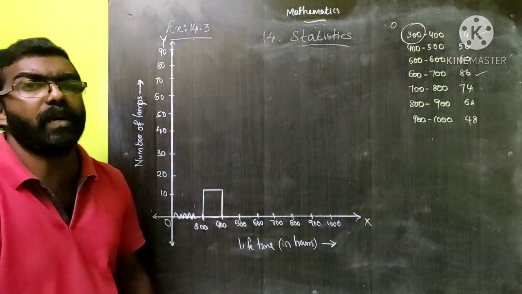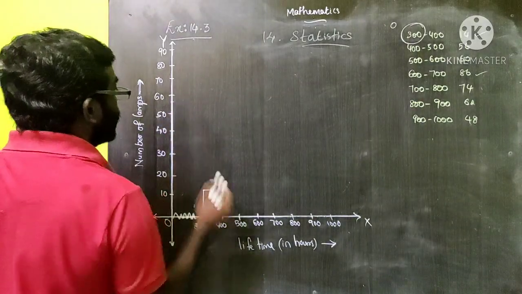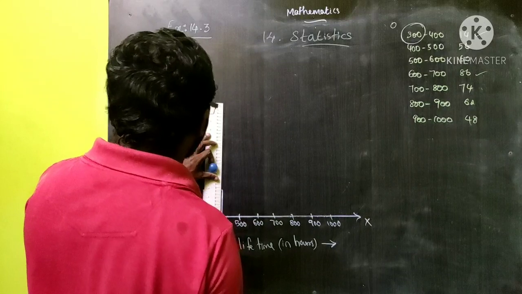Next, 400 to 500, it is 56. Approximately here we can mark 56.